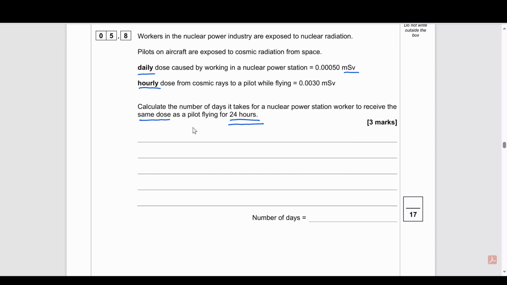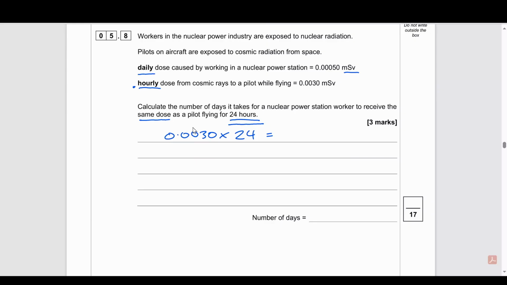Remember that one day is 24 hours. So we take that value, 0.0030, and multiply it by 24 so we know how much they would be exposed to in 24 hours.